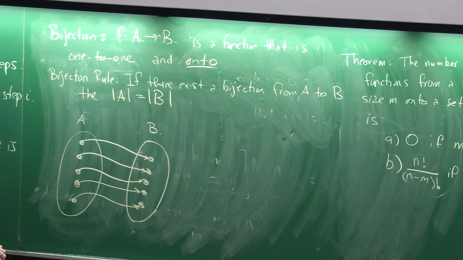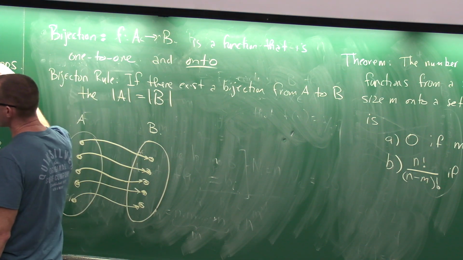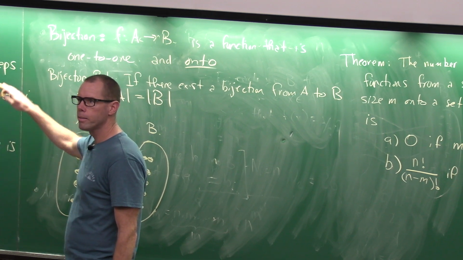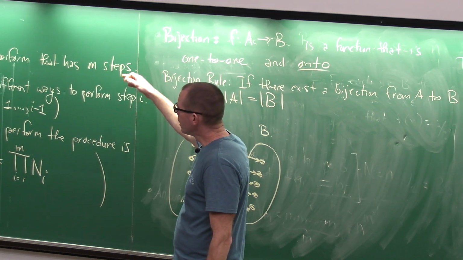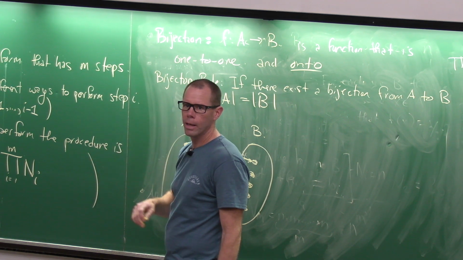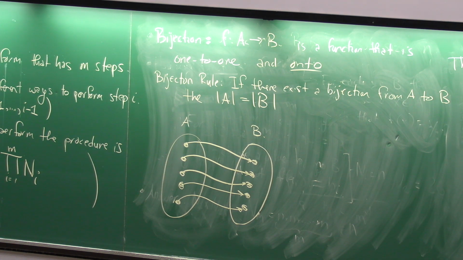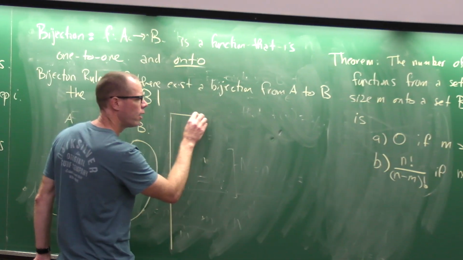Okay. So why do I say that we have been using the bijection rule? Well, because if you look at this product rule here, there's nothing about the product rule that talks about sets. It talks about a procedure, and it says the number of different ways of executing that procedure. On the other hand, we've been using it to prove things about the size of sets. So how has that been working?